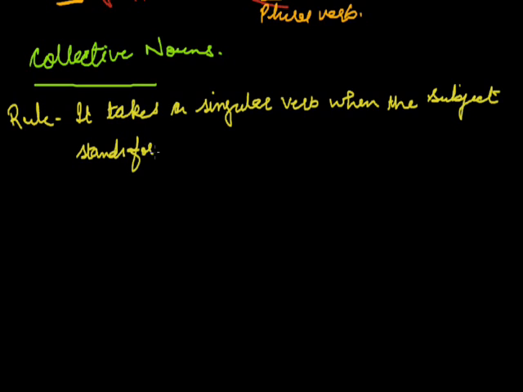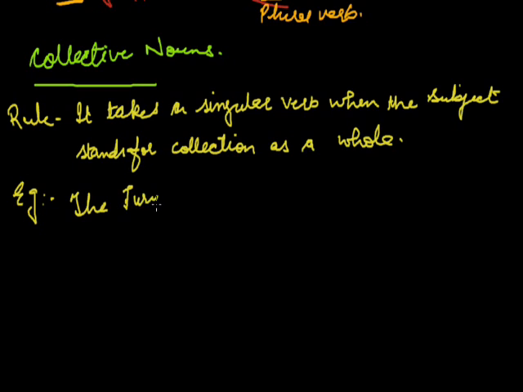Like the jury. Jury is a group of people who take judgment. The jury was unanimous in its verdict.